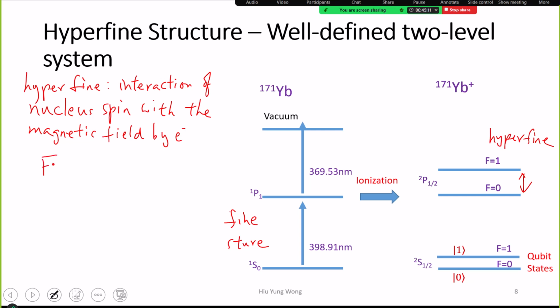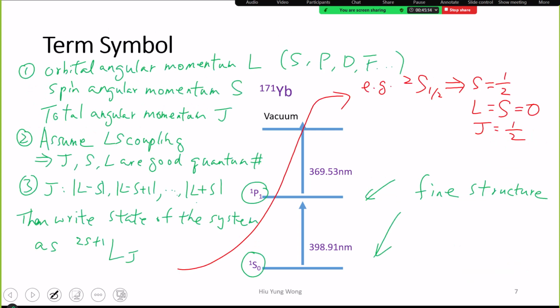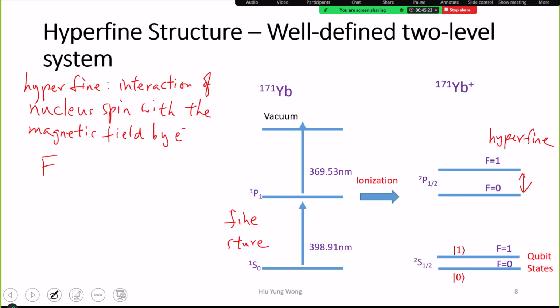And just now we talked about, maybe I should say this, right? LS coupling is like J equals L plus S. Here we have further J plus I equals F. Now, J, of course, is the total angular momentum of the electron, both spin angular momentum and the orbital angular momentum.